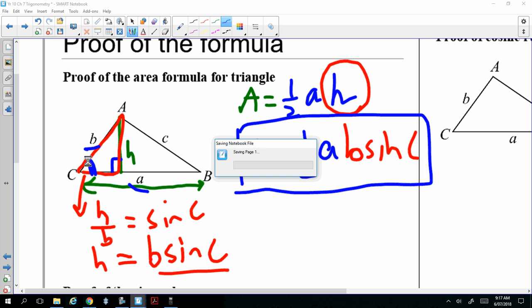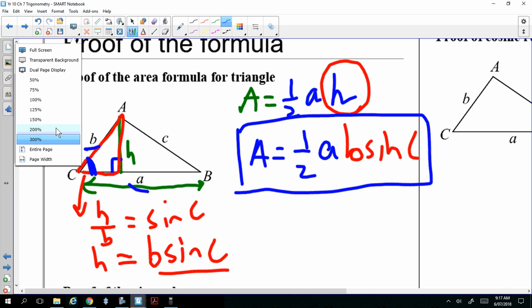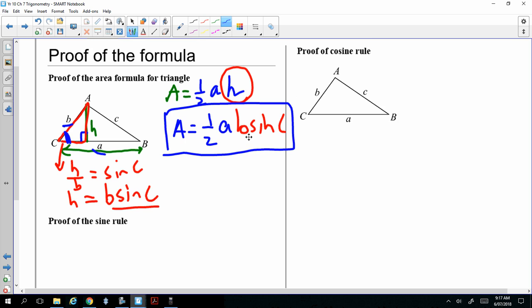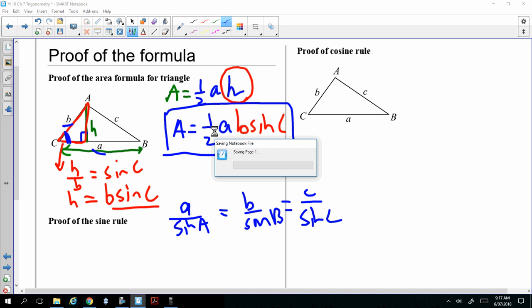Alright, any questions? Now why do I do this formula first? Because once I do this formula, I could use it to prove this formula, the sine rule. Where does that come from? I could prove it using area. Okay, let me show you how it's done. So we're going to use the same triangle, and we're going to prove this formula.